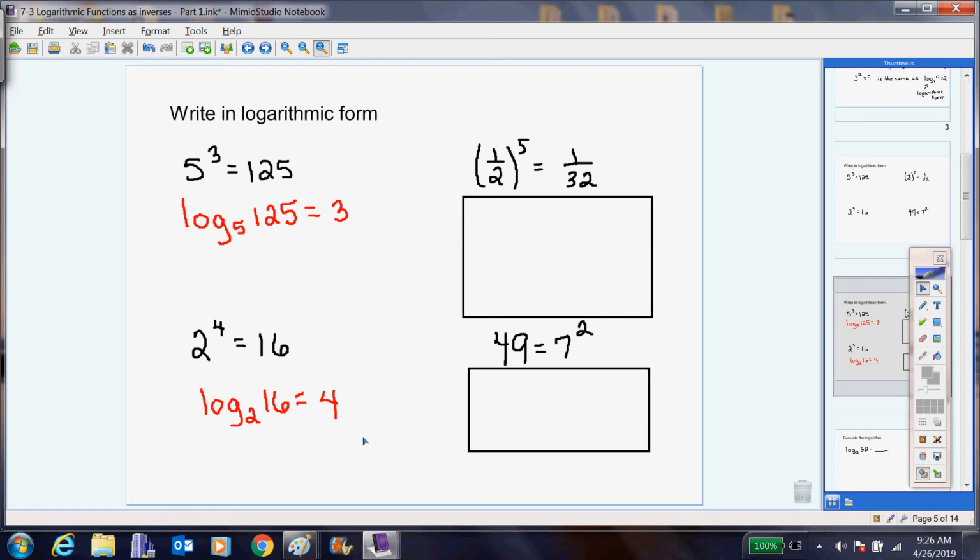And as I said, the point to this is being able to be given a question that looks like this, log base 2 of 16, and then figuring out what exponent would go with the 2 to make 16. So that's what we're going for here. So this would be what?